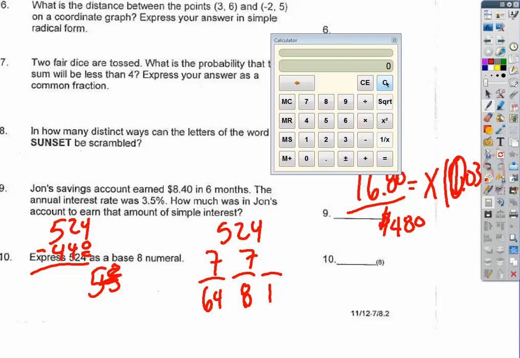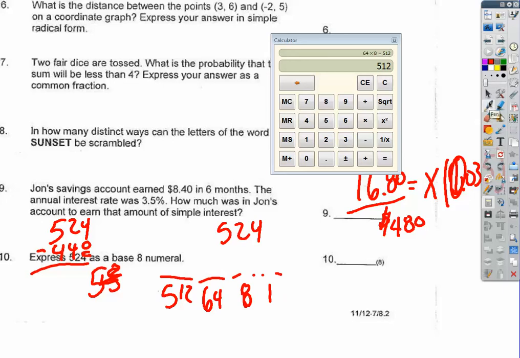So 8 squared. My goodness. 8 times 8, 64, right? Times 8. Oh, that's my problem. 512. Sorry about this awful explanation.